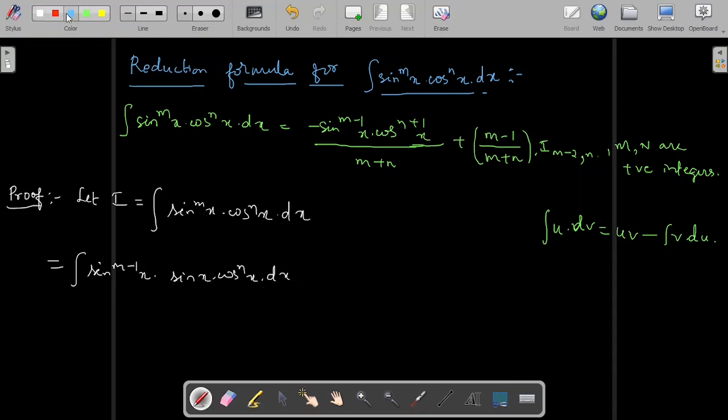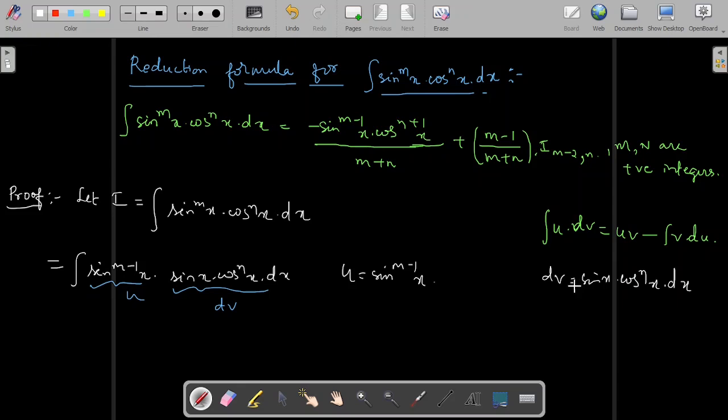Now this is u and this is dv. So as per integration by parts, we have u equal to sin^(m-1) x and dv equal to sin x cos^n x dx. Now I want du, then I want v.